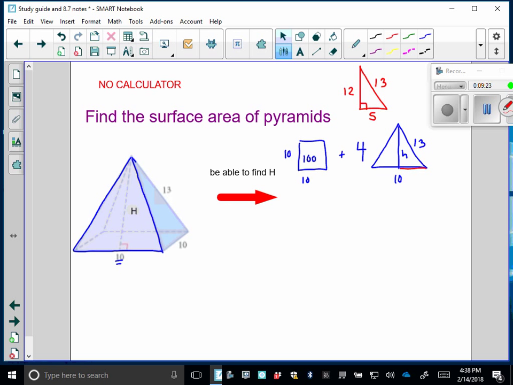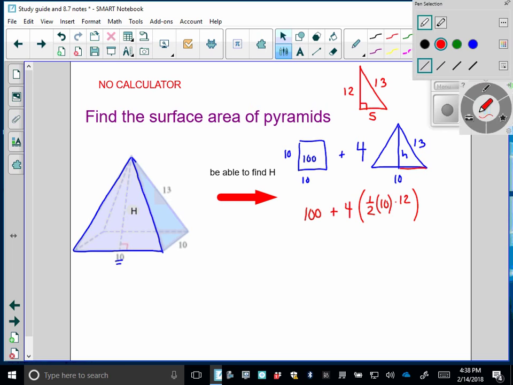So, to figure out the final area, we would say 100 plus 4 times half the base times the height. And focusing on efficiency, we want to reduce along the way.